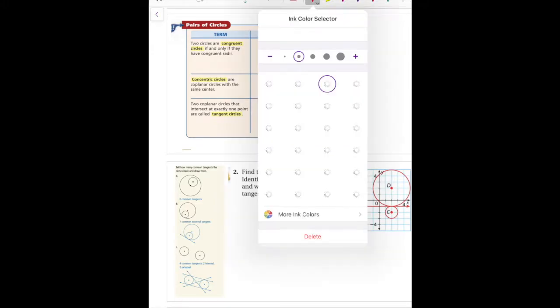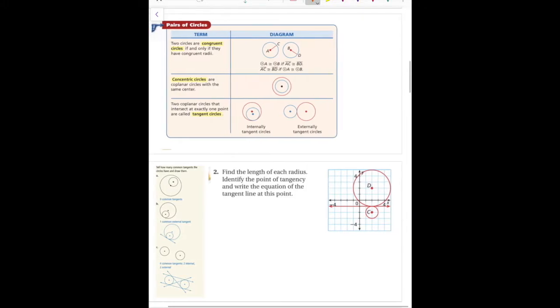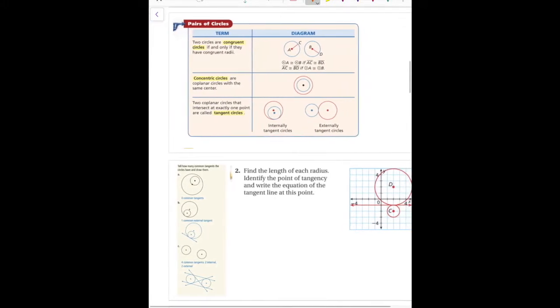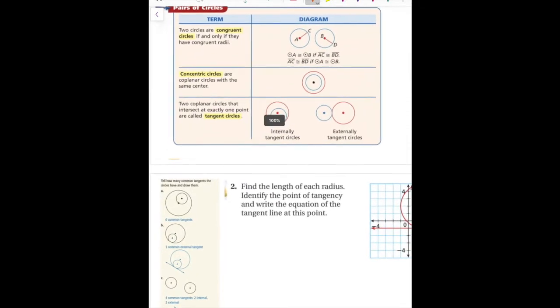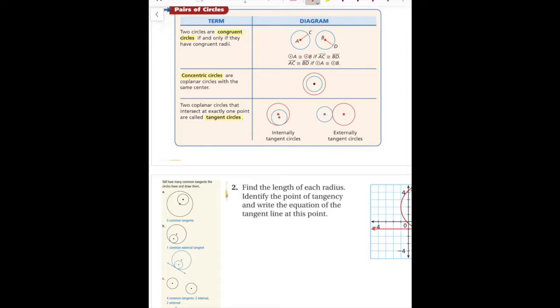So let's look at some more vocabulary words here. Two circles are congruent circles if and only if they have congruent radii. You need to pay attention to the symbol for circle.